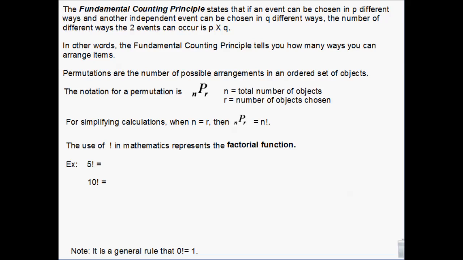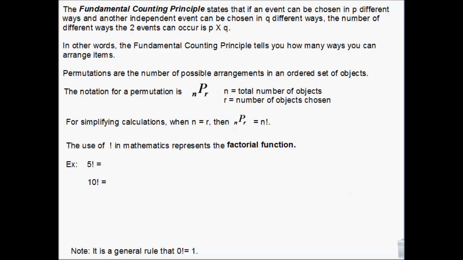Let's say I have 15 pairs of socks and 3 pairs of shorts. The different combinations I can pick is 15 times 3, so I can make 45 different combinations of socks and shorts. So it tells you how many ways you can arrange the items. That's the fundamental counting principle.